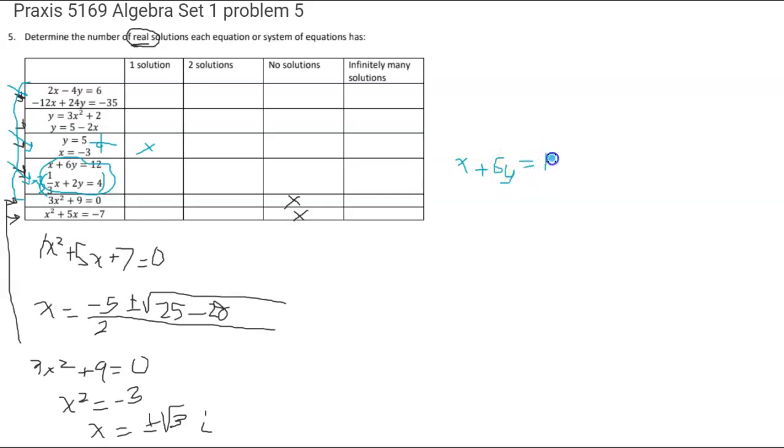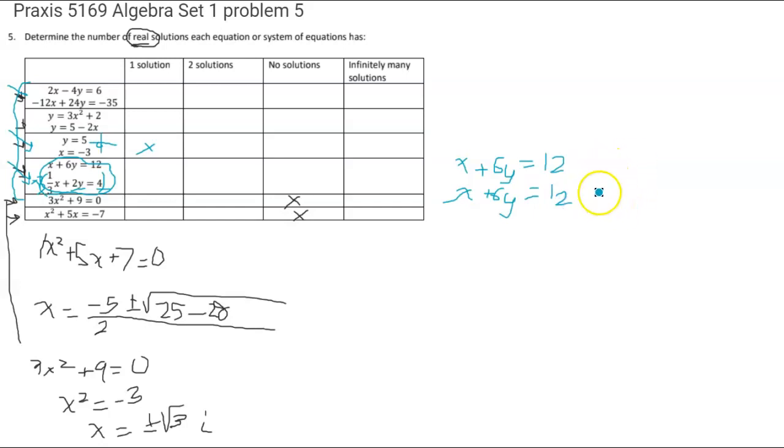And then I'm just going to clear out that fraction by multiplying everything by 3. So 1/3 x times 3 is x, and 2y times 3 is plus 6y, and 4 times 3 is 12. And now we have two identical equations.